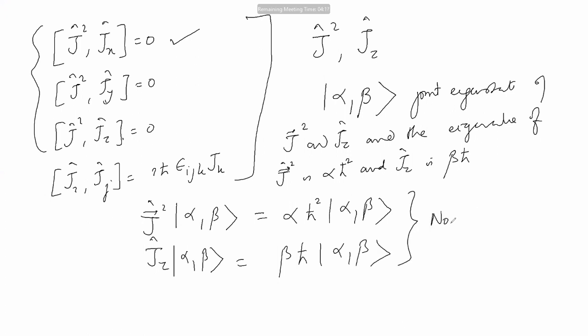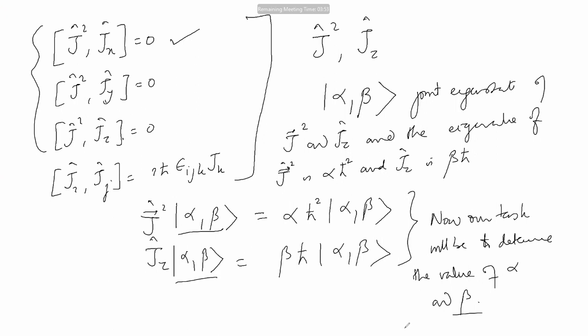Now our task will be to determine the values of alpha and beta. What are the values of alpha and beta? These states which we are talking about are orthogonal and normalized.